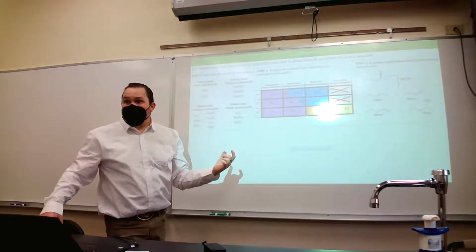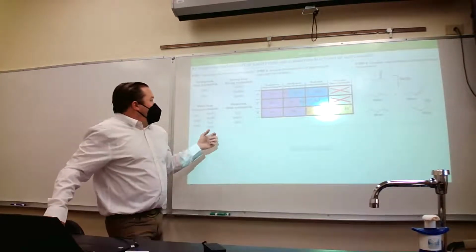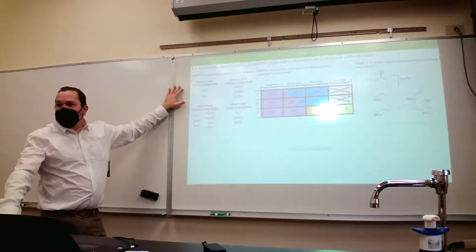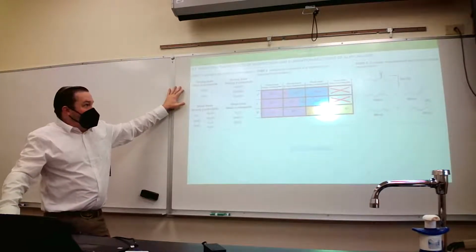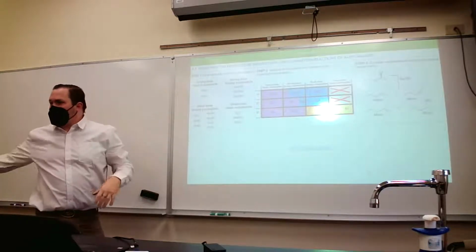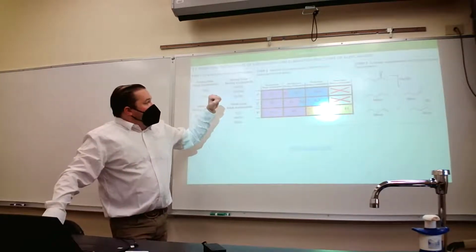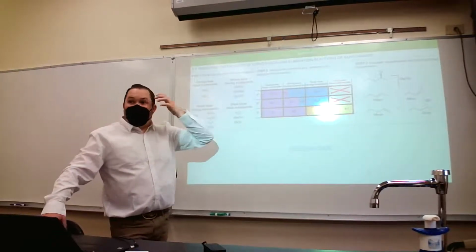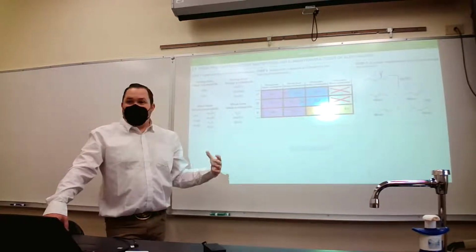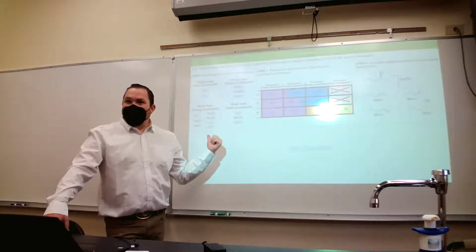The first thing you have to do is know which mechanism we're dealing with. Depending on what your base or nucleophile is, and what your alkyl halide looks like, is it primary versus secondary versus tertiary, that dictates which mechanism is favored. And solvent plays a role as well, but solvent is typically less important than these other variables.